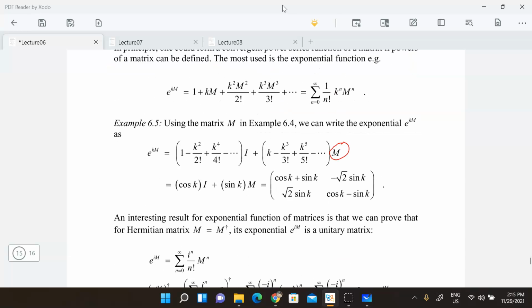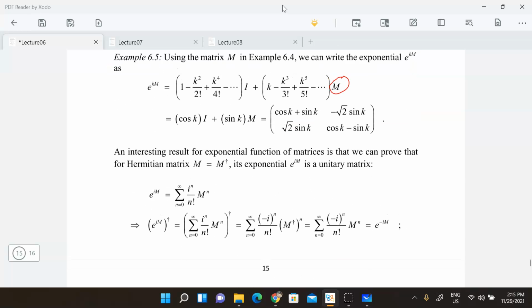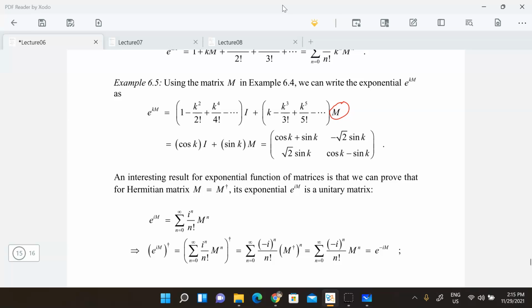So in other words, one could collect all the terms that is proportional to I, and all the terms proportional to m. And essentially what's the coefficient in this particular case is the one that corresponding to this parameter k here.